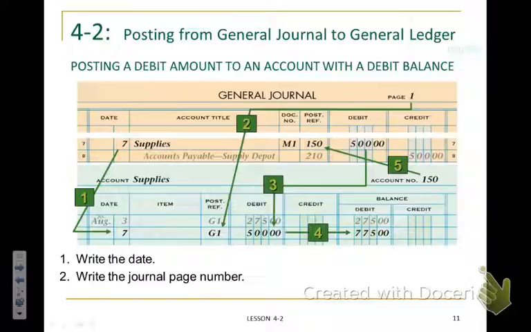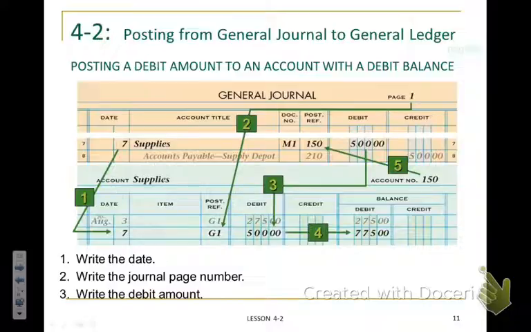Okay, this is how the balance piece works. So now we post the date, is it July? My bad, August 7th. We write the journal page 1. We write the debit amount in the transaction column here, $500. And now we bring this balance over into the balance column.